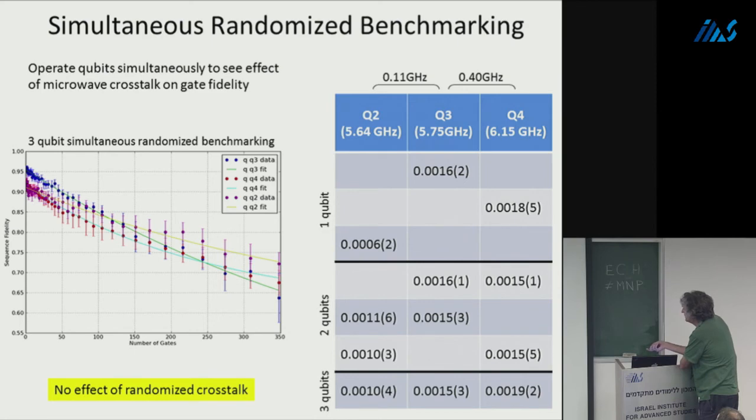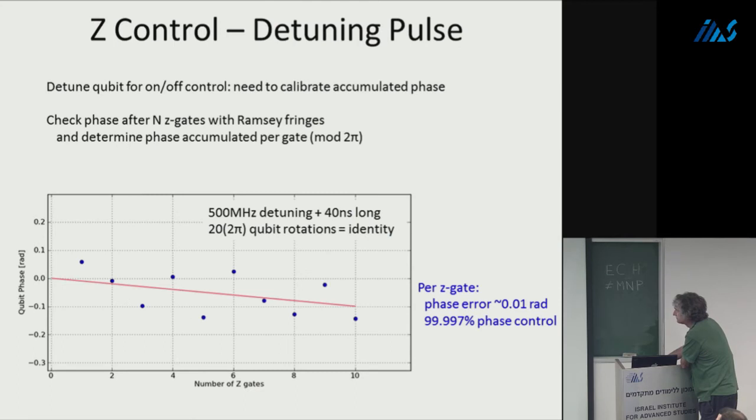If you look at, say, the numbers down here, they're not too much different than here, more or less within the error bars. So we're going to say that there's really no effect of some kind of crosstalk when we're doing qubits simultaneously. And again, we have to look at this in more complicated situations, but we don't see a big problem in our system.